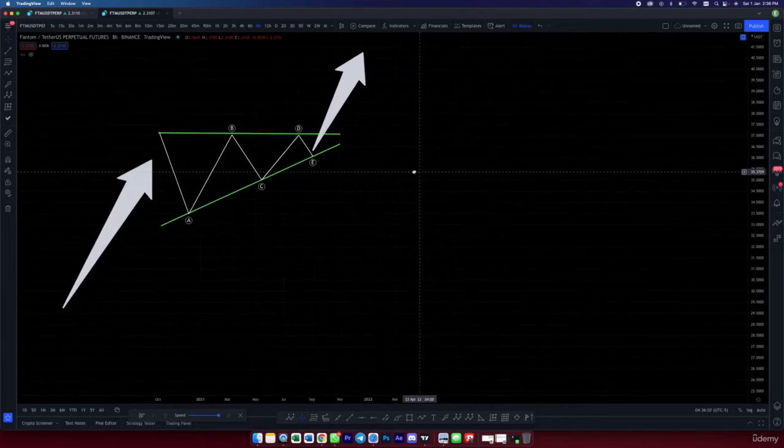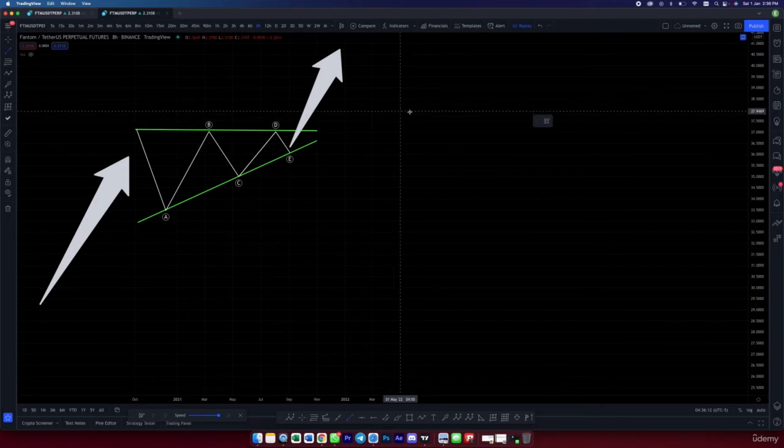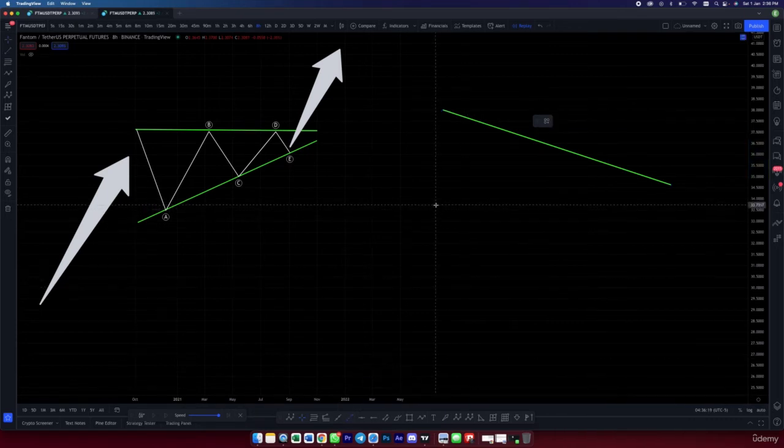There is another triangular pattern that is called a descending triangle. Now descending triangles are bearish patterns. Those are not bullish patterns, but we are again discussing them in terms of Elliott wave.